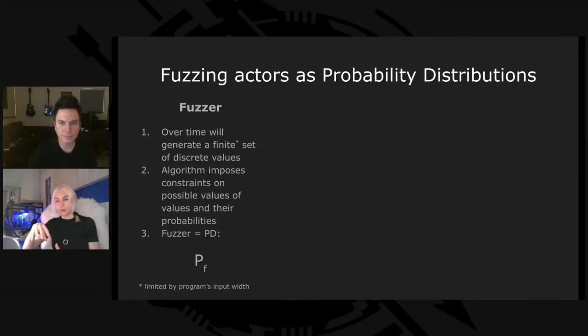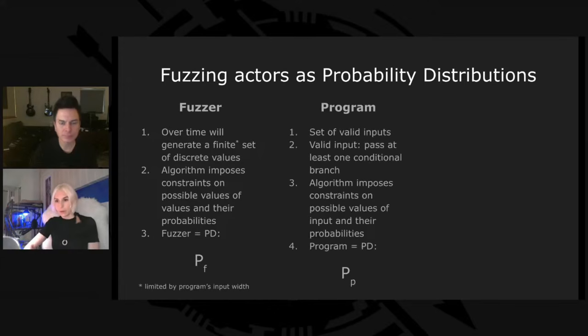It encodes everything most important that we want to know about the fuzzer from the perspective of its results. Here I call it PF. This is the probability distribution of the fuzzer. Similarly, we can think of a program as another probability distribution of inputs. Consider the set of all valid inputs to the program.